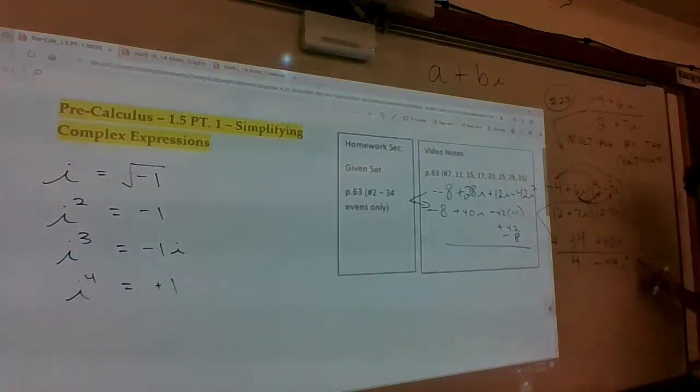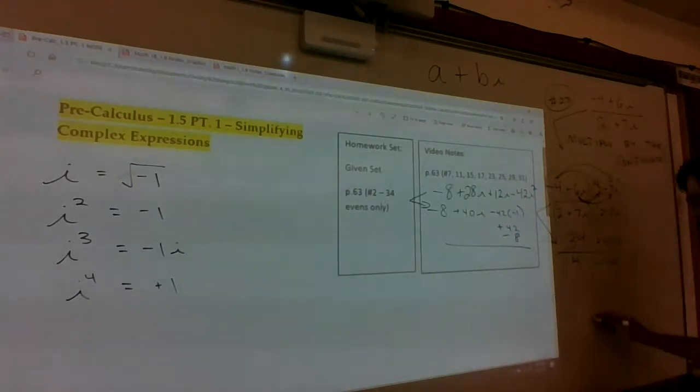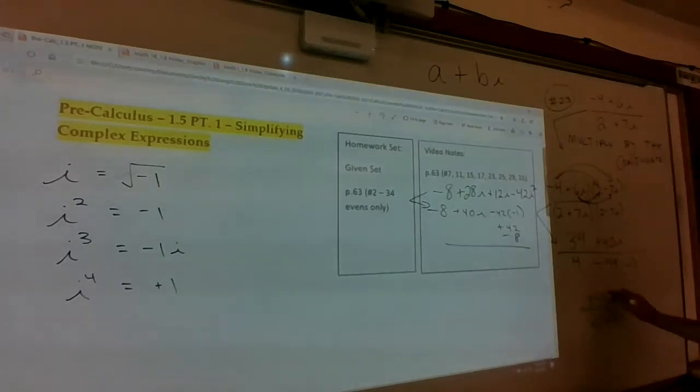On the bottom, this i squared can be removed and replaced with a negative 1, which means we're talking about 4 plus 49 in the denominator. That's 53 in the denominator.